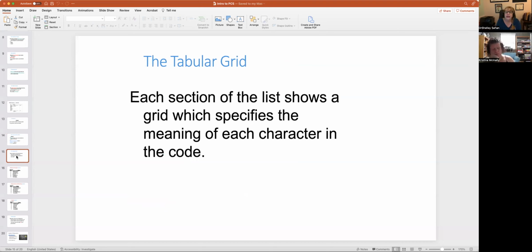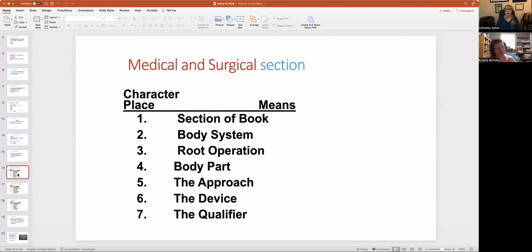Okay. Each section of the list shows a grid which specifies the meaning of each character in the code. That's what we just looked at in the tables. Okay. All right. So what I mean by that is, at the beginning of each section, the meanings of the character in a particular location within the code will change, because the overall thing that we're describing is going to change.